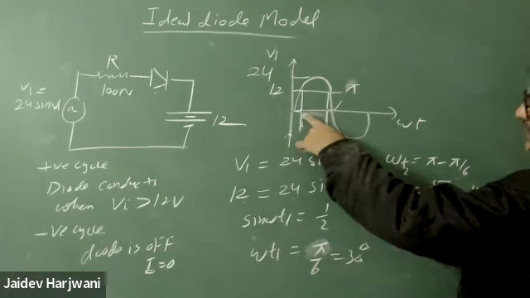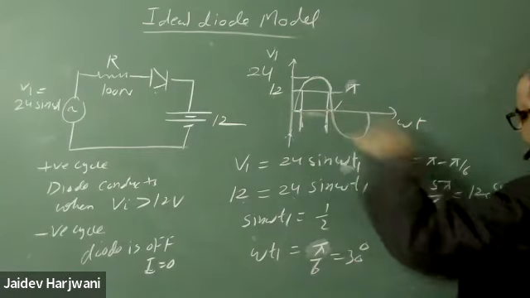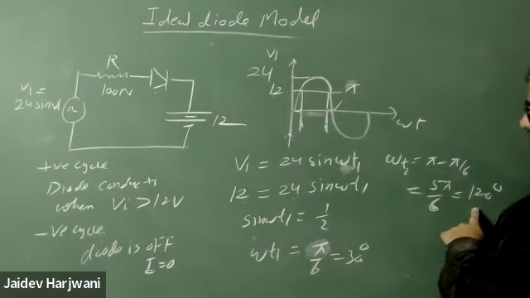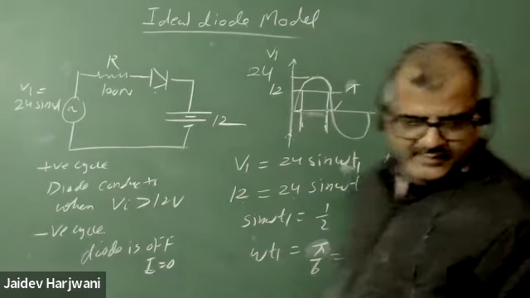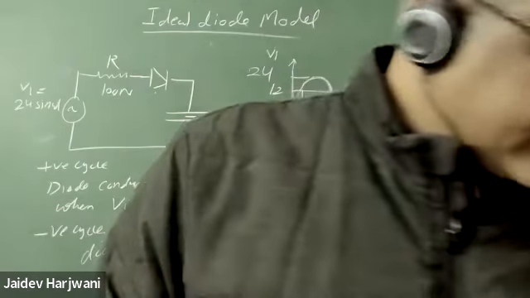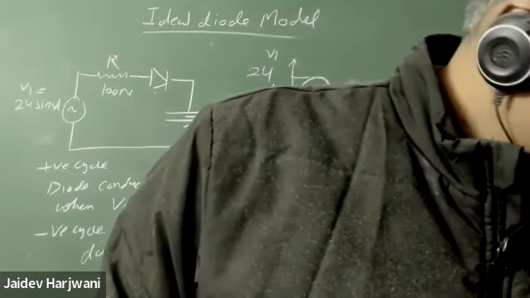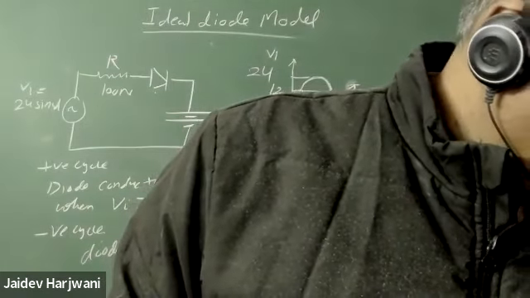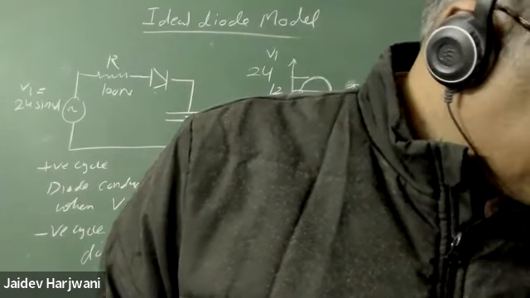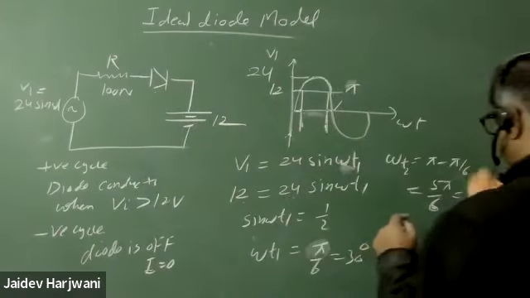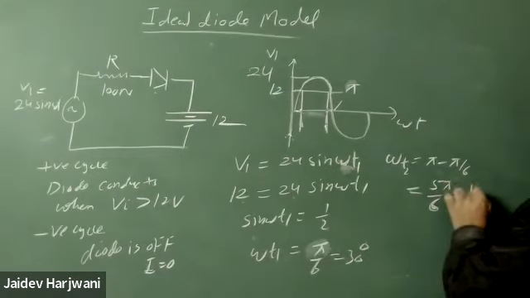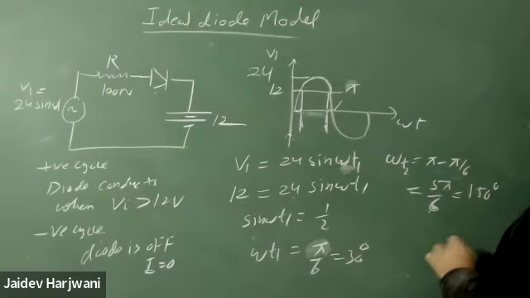So from 30 to 150 degrees it is conducting. Omega t1 is 30, and 5 pi by 6 is 150.